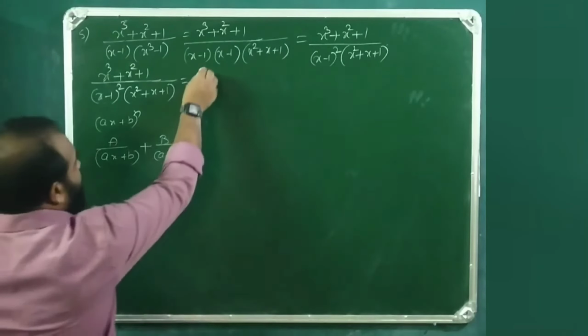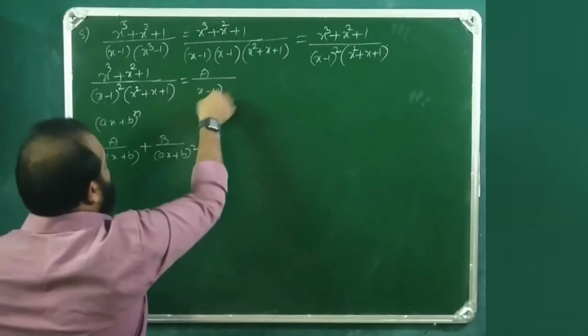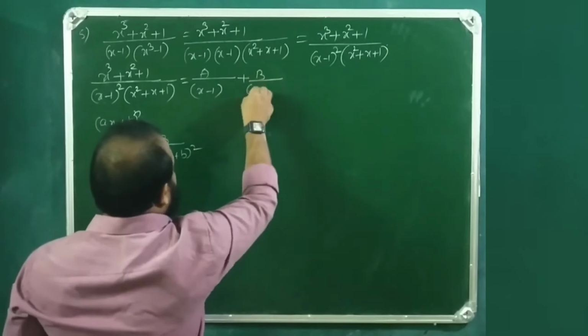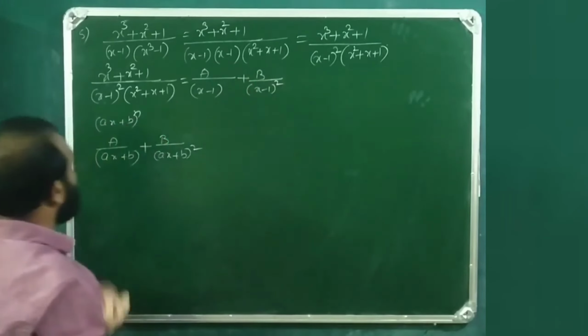So therefore this is A by (x minus 1) plus B by (x minus 1) whole square.